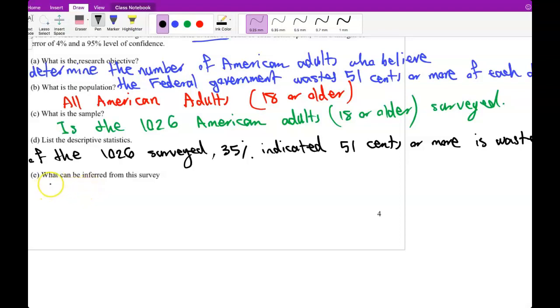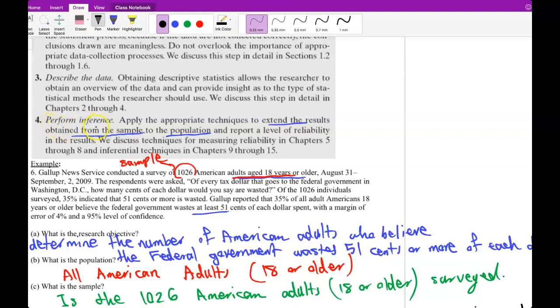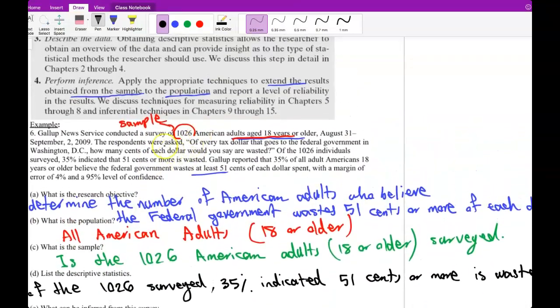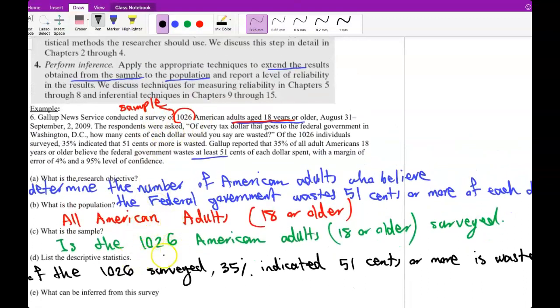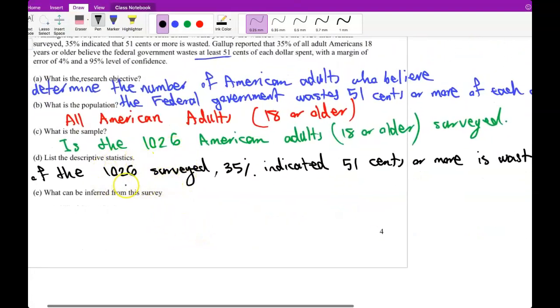Okay, part E. This is what we have here, perform inference. We want to extend this from the sample of 1,026 to the population. So extending this 1,026 to all American adults.